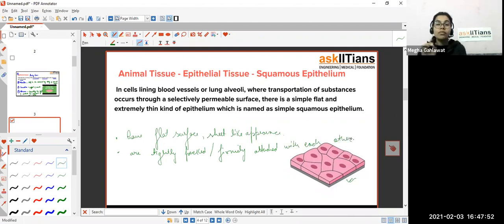Now see, the most important part of any epithelial tissue that we will be coming across is that these epithelial tissues are situated on a basement membrane, which is made up of different types of fibers and cells present in the body, and that forms the solid structure onto which the entire epithelial system is based.